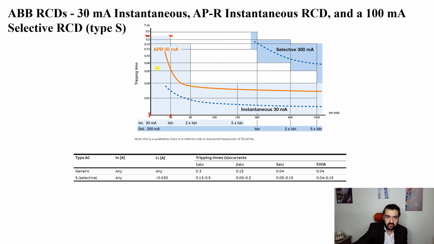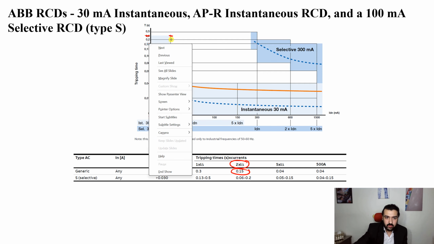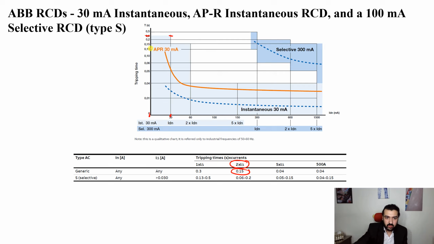Okay, this part here. Now at double the value, it drops to 0.15 seconds, which is here. So you can see from here it goes like this. At higher than 30, it drops to 0.15 until double the value.